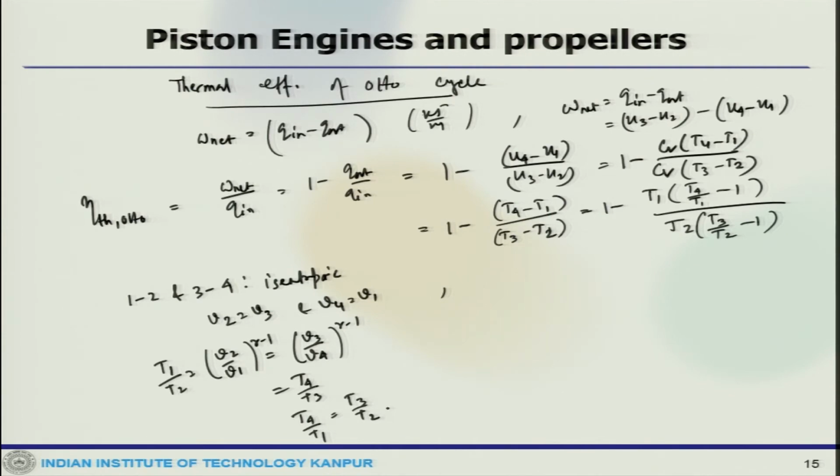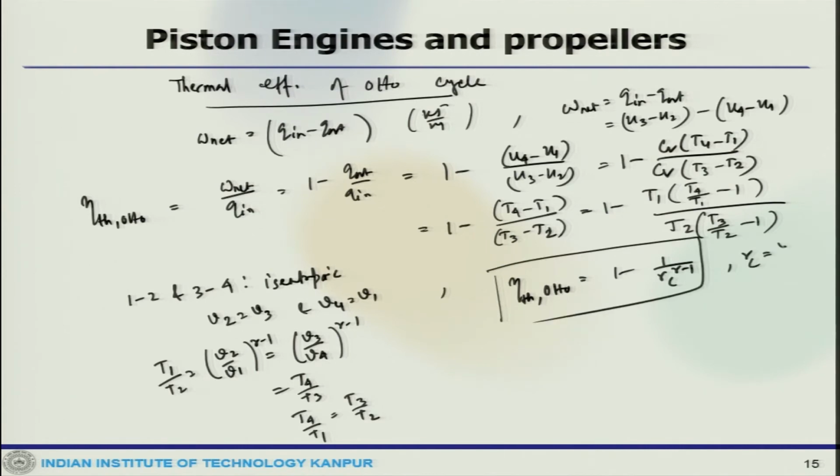And now if we put this back here, what we get is 1 by RC to the power gamma minus 1, where RC is V1 by V2, that is V max by V min. So thermal efficiency is dependent on the compression ratio and, obviously, the heat ratio.